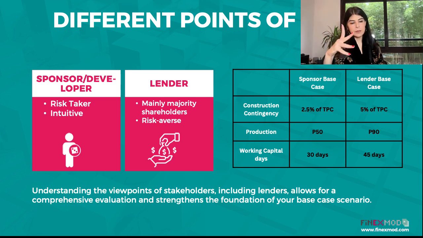You look at the probability distribution of irradiation of the sun shining and the wind blowing, and then you say, okay, based on my historical data and based on what I collected from the project site, I know that on average, this amount of kilowatt hour per year can be extracted with a 50% certainty. That's called P50. So P50, with 50% certainty, is what the sponsors will consider in their base case.